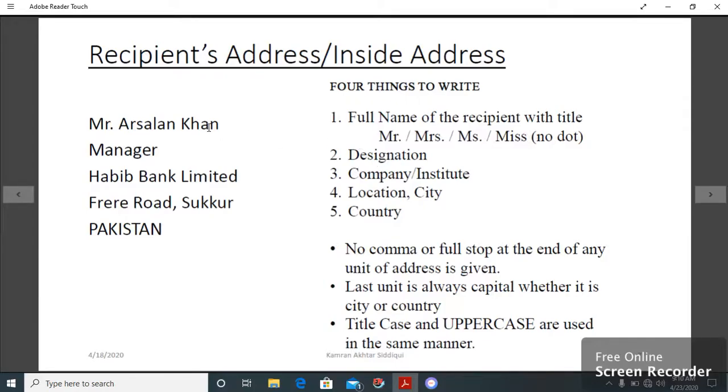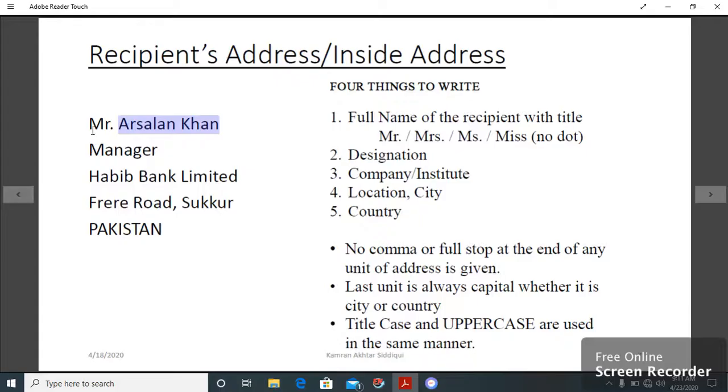And you have to be very careful that when you write the name of the recipient, you must write the name in full. So, for example, Arsalan Khan or Kamran Akhtar Siddiqui, you have to have at least two words over here, because the second word will be considered as the last name and that will be used in the salutation part. So you have to be careful that there are two words over here.